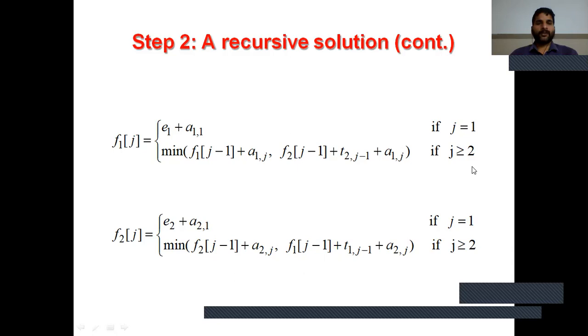If j is greater than or equal to 2, then f1j equals minimum of f1,j minus 1 plus a1j, and f2,j minus 1 plus t2,j minus 1 plus a1j. Similarly, for f2j, if j is equal to 1, then f2j equals e2 plus a21. And if j is greater than or equal to 2, then f2j equals minimum of f2,j minus 1 plus a2j, and f1,j minus 1 plus t1,j minus 1 plus a2j.